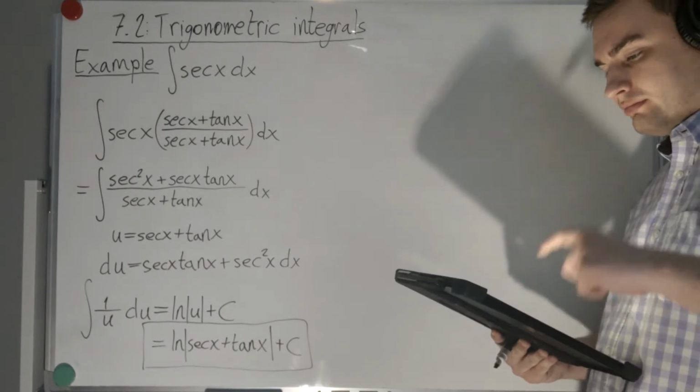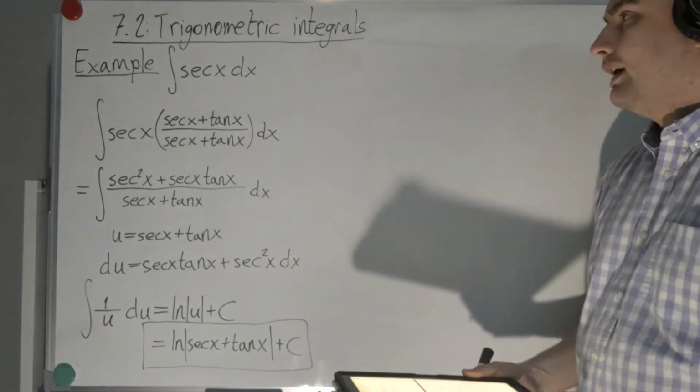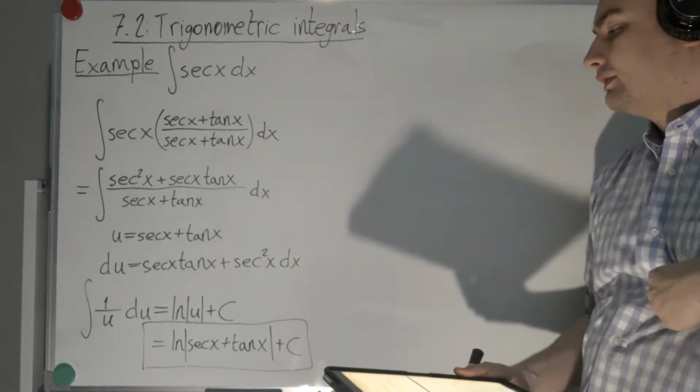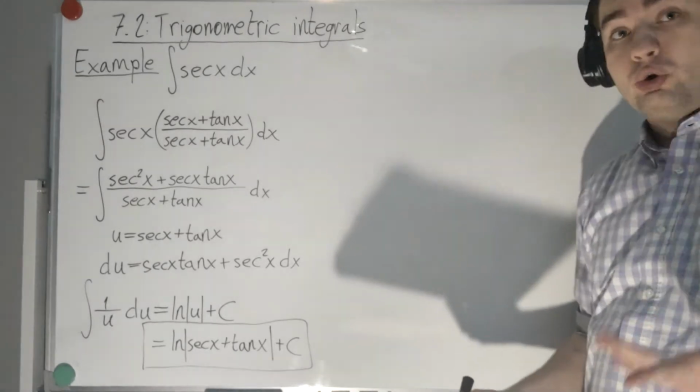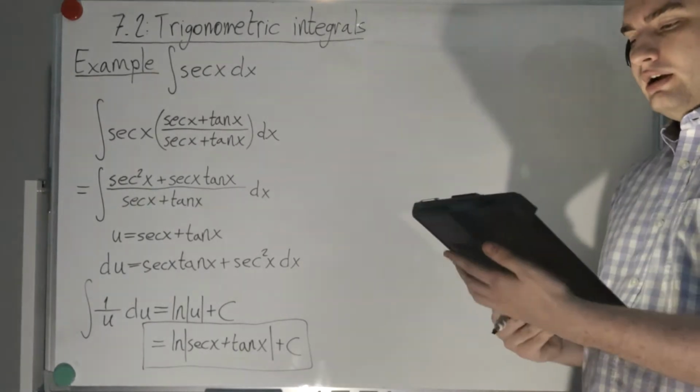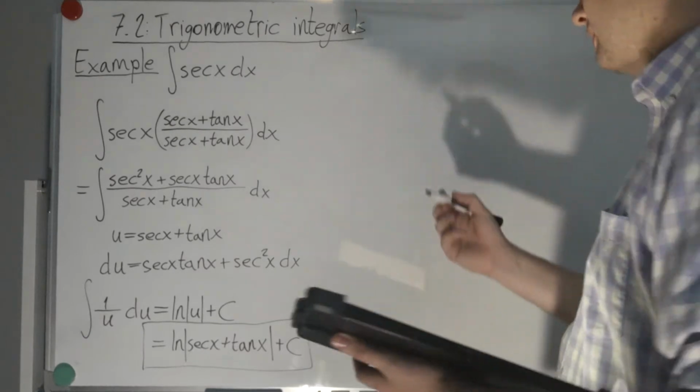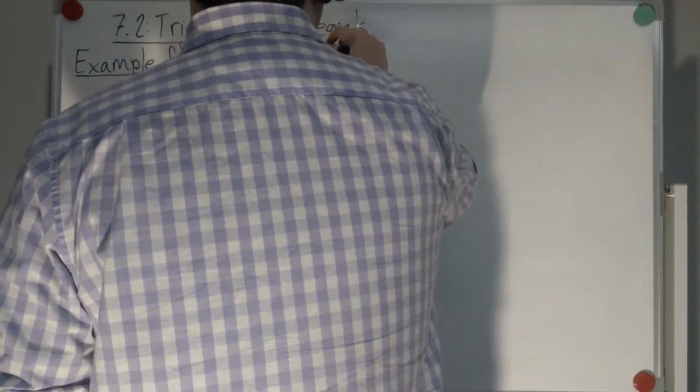Now, okay, so that takes care of how you would figure out the antiderivative of secant x or cosecant x. Now, let's see what would happen if we were to deal with just a slightly different situation. Well, actually, completely different.